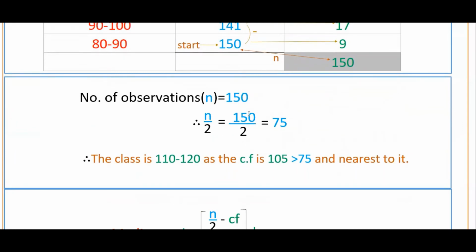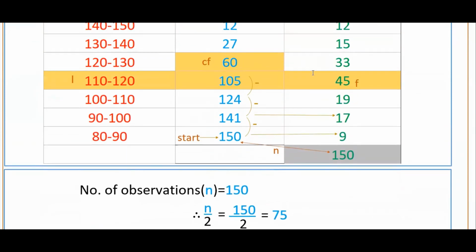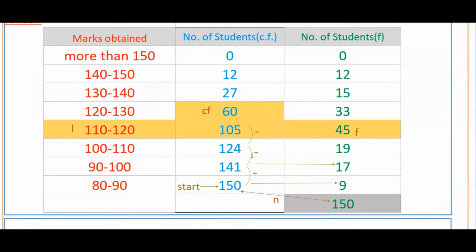Now, the number of observations or number of students is n equal to 150. Therefore, n by 2 is equal to 150 by 2, that is equal to 75. So you have to identify the class interval with the 75th observation. You have to check in the cumulative frequency values. 75 is there, and greater than 75 and nearer to that value is 105.